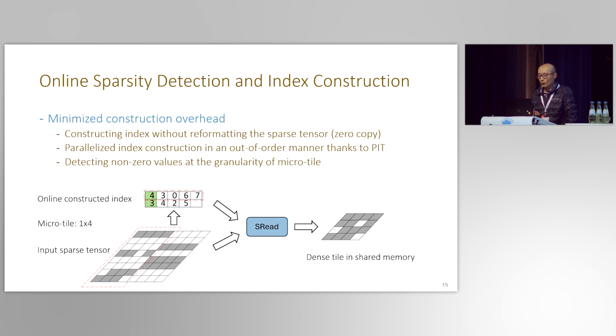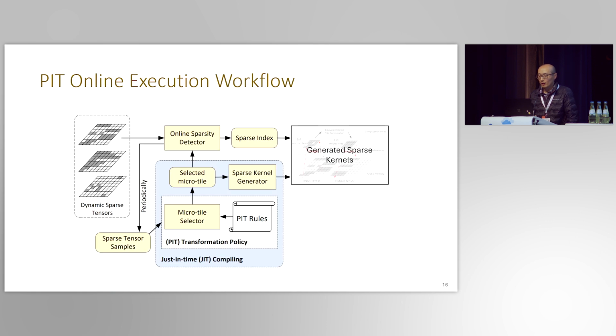This figure illustrates the online execution. After the index is constructed from the sparse tensor, both the index and the sparse tensor are fed to sRead for loading to shared memory. Let's recap PIT design with its overall workflow on dealing with dynamic sparse computation. It's a JIT compiling process.